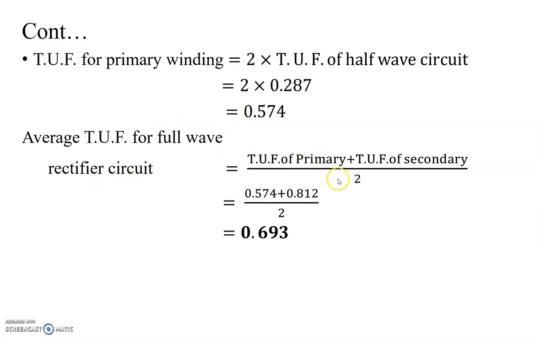So just substitute the value and find out the average transformer utilization factor for the full wave rectifier circuit is 0.693. So what is this? This factor indicates how much the transformer is utilized in the circuit, and it is called the transformer utilization factor. So in the full wave rectifier, the transformer gets utilized more than in the half wave rectifier circuit.